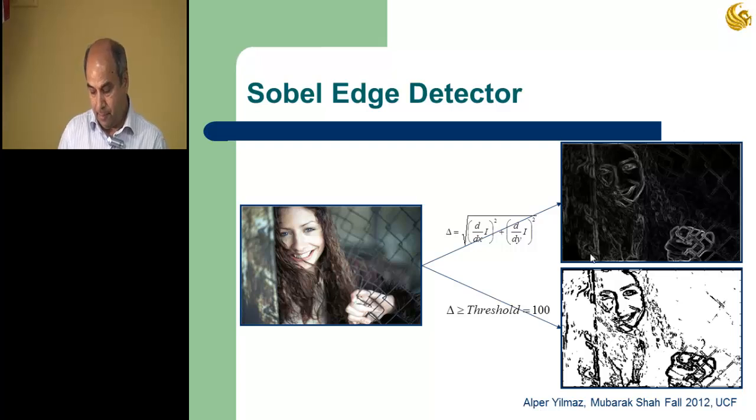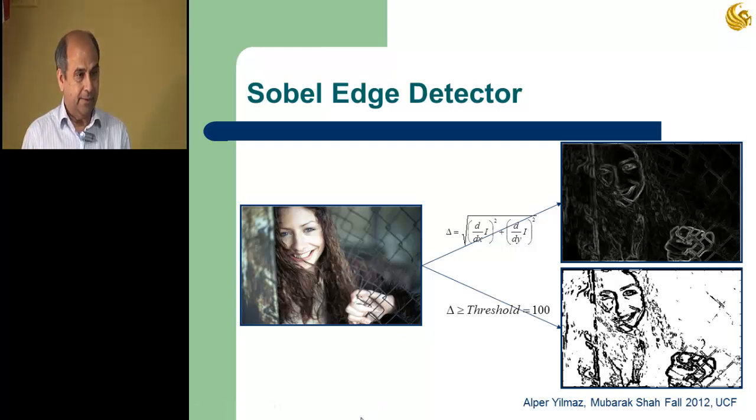If the derivative is above some threshold, as you see here, these values are the actual edges. Of course, there's some noise here, and there's texture and some problems. But that's essentially an edge detector: you take the image, do a little smoothing, compute the derivative in x and y, find the magnitude, apply a threshold to the magnitude, and you get an edge image.